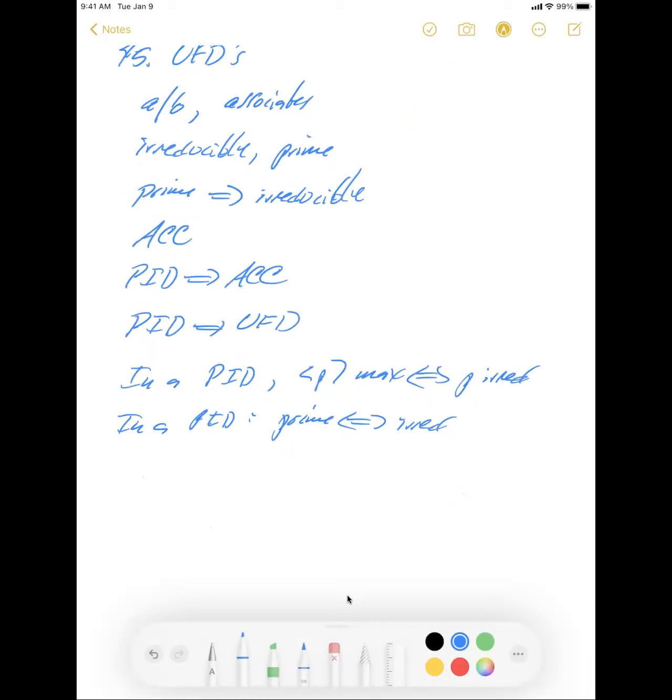If you can find an element that is irreducible but not prime, then you know that you are not in a PID. Fundamental theorem of arithmetic.